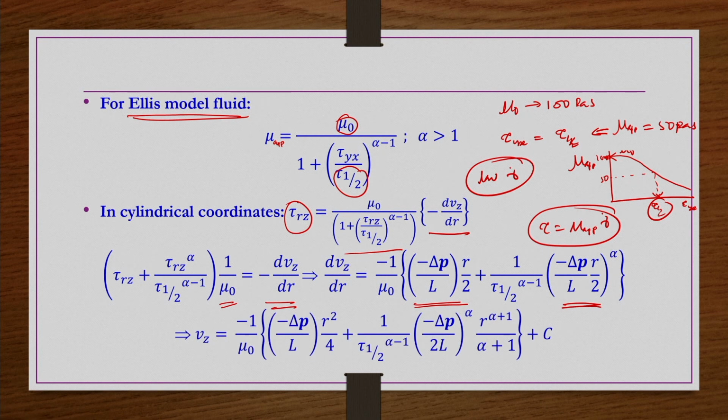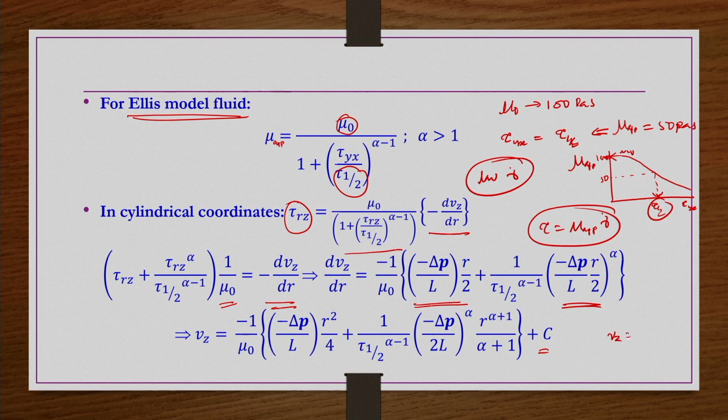Now, if you integrate this equation, Vz is equal to minus 1 by mu naught times minus delta P by L, R square by 2, and then 1 by 2 is also already there. So, R square by 4 plus 1 by tau power alpha minus 1 times minus delta P by 2L power alpha, and then the integration of r power alpha is nothing but r power alpha plus 1 by alpha plus 1, and then the integration constant c.